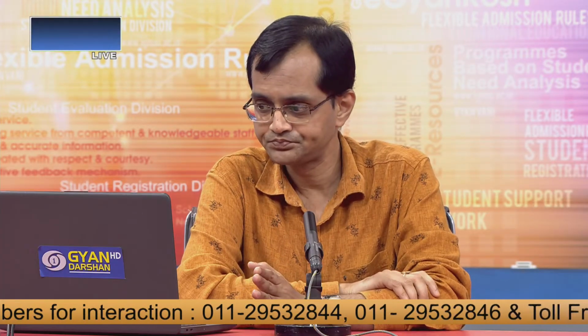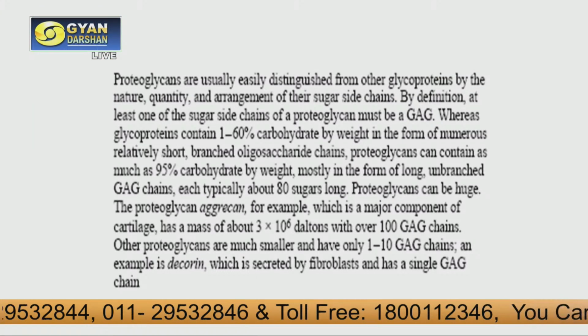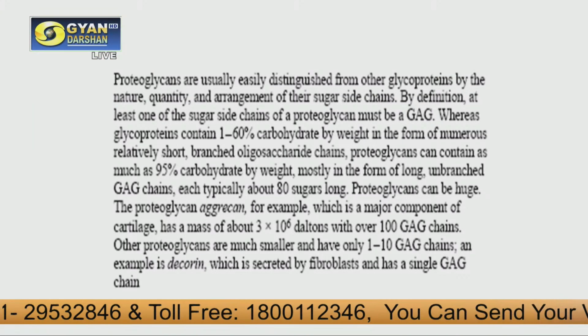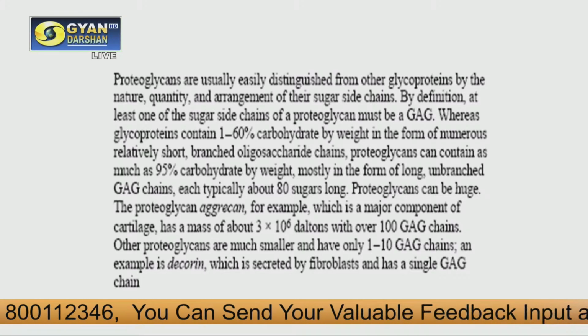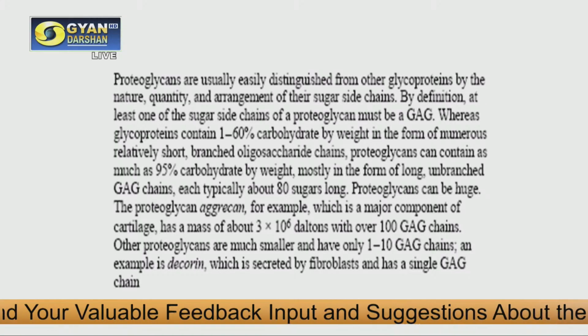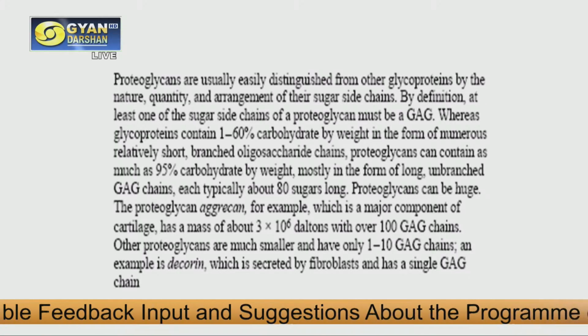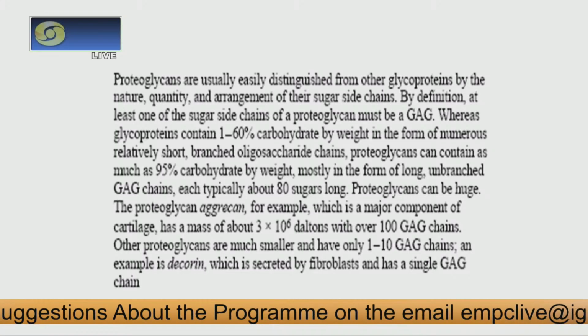So glycoproteins have a much larger protein composition as compared to the proteoglycans. Proteoglycans can be huge. Now there are different proteoglycans in different tissues, like in cartilage you have aggrecan. Okay, so based on different tissues you have different types of proteoglycan chains or GAG chains.